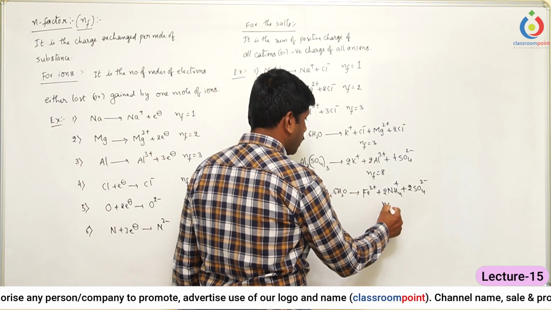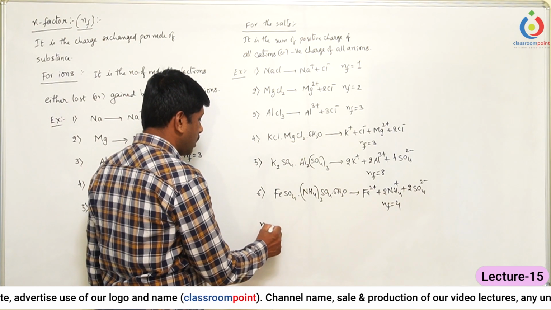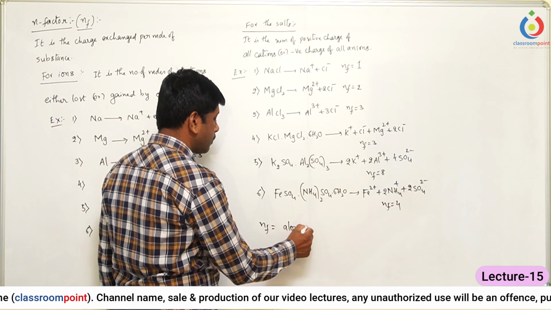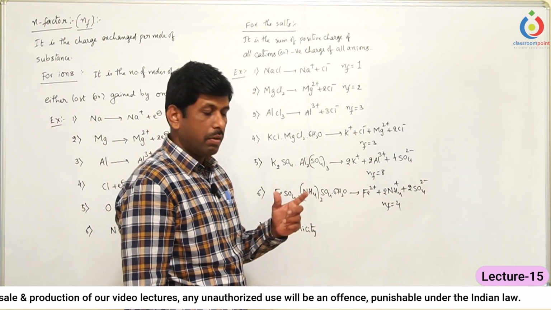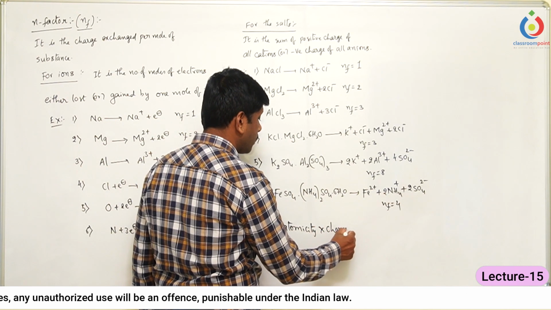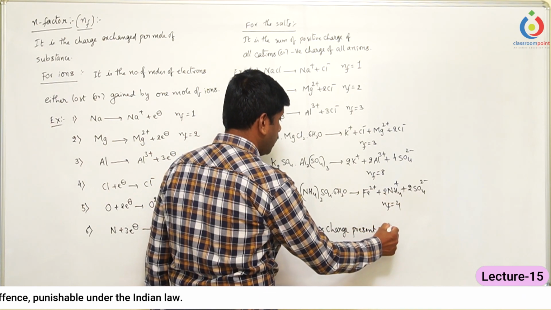So the total N factor is equal to 4. So the N factor in the case of these salts can be calculated simply by atomicity. Atomicity means the number of the same type of ions into the charge present on the ion.